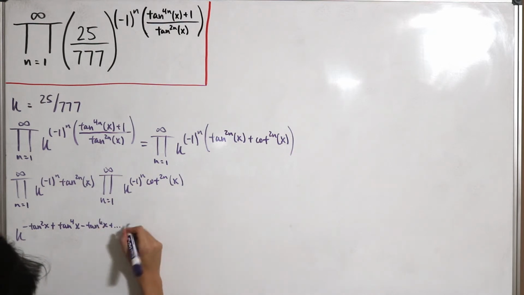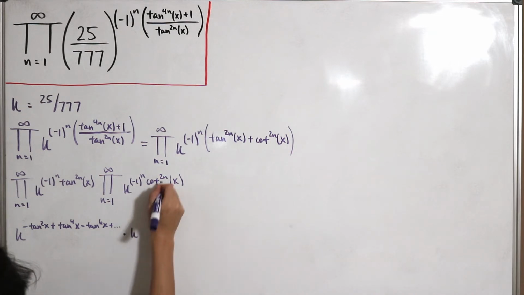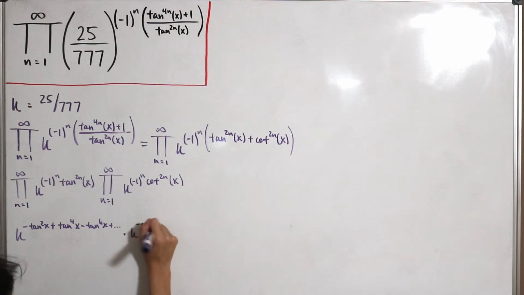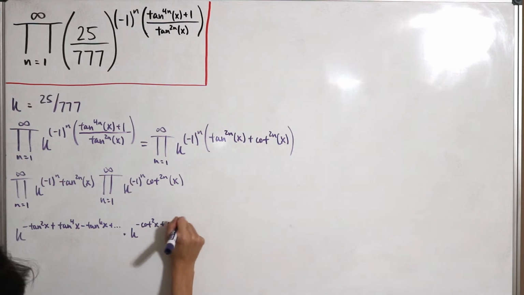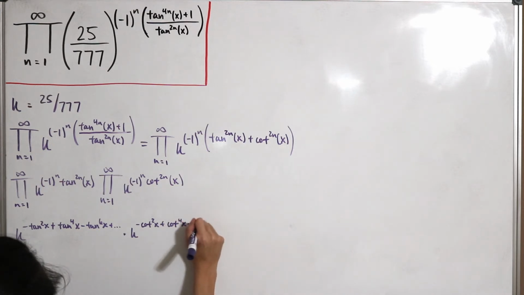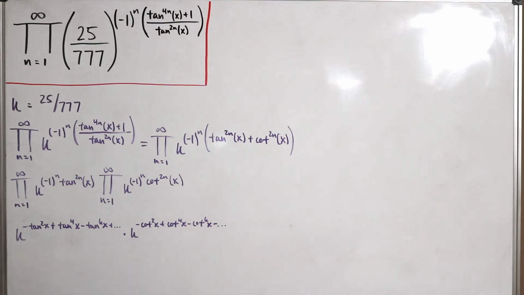The dot just represents multiplication, so we expand the next one over here. We have negative cotangent squared of x, add cotangent to the fourth of x, then subtract cotangent to the sixth of x, and we just keep going from there.